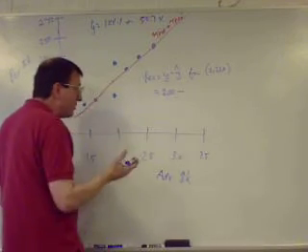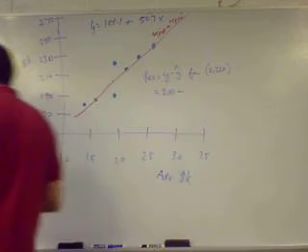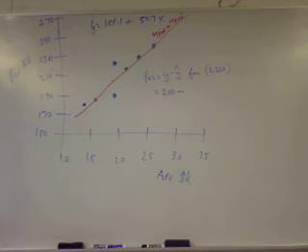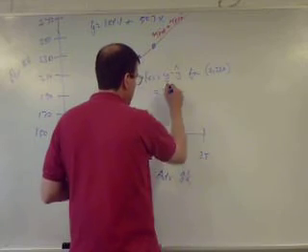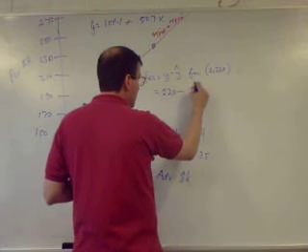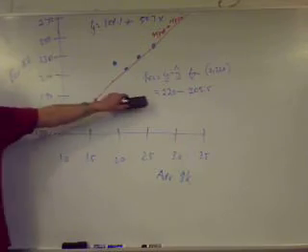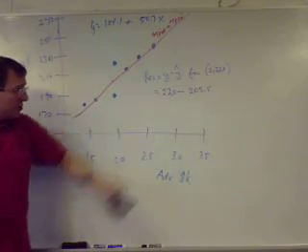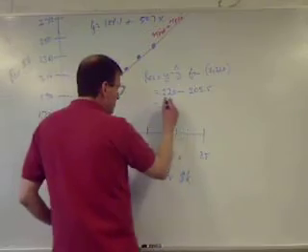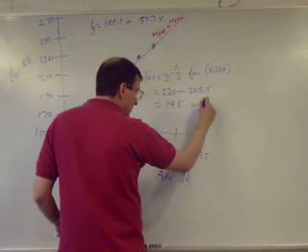And the y hat, which we just found, was 205.5. I made a mistake. It's 220 minus 205.5. I apologize, I wrote 200 there before. You subtract those, you get 14.5, which means underpredict.